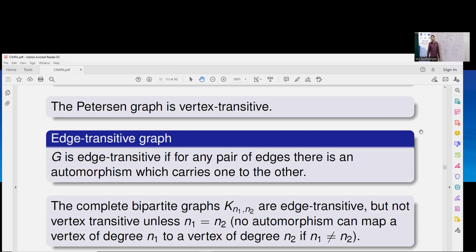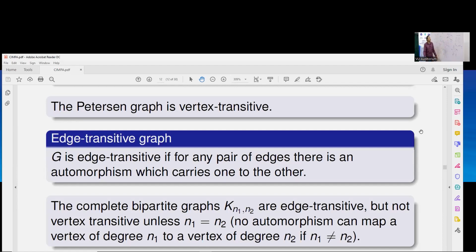That will not be an automorphism, because U2 was adjacent to three vertices, but if you put U2 to this place, it would be adjacent to only two vertices. So it cannot be an automorphism. Now we know that this graph is not vertex-transitive because this vertex cannot go to this place.